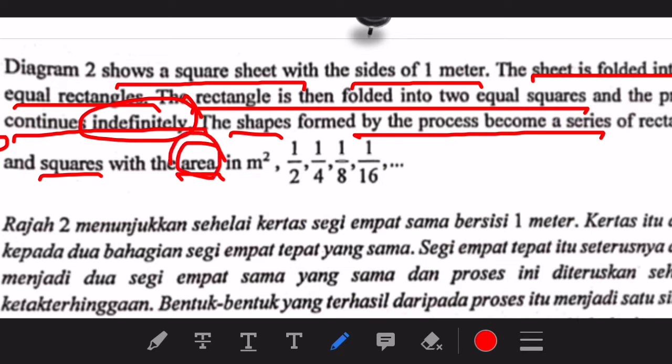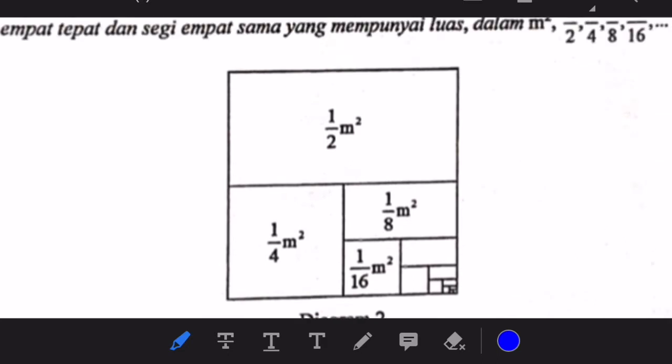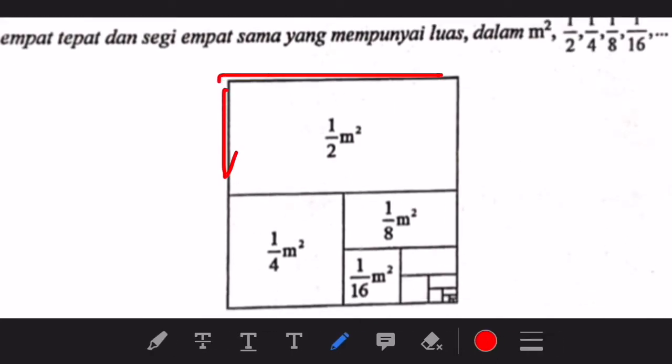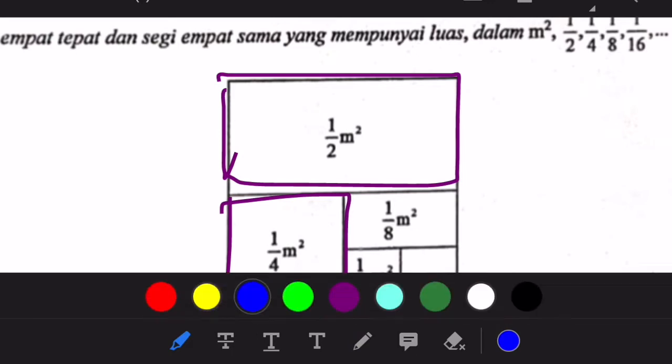The subject is the area: 1 over 2, 1 over 4, 1 over 8. All these are area. That means the sequence represents area. So we have the rectangle, we have the square, but the first one is a rectangle. Second one is square, and the third one is actually the rectangle again.